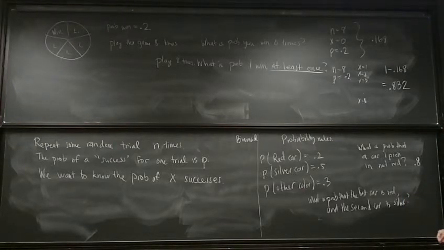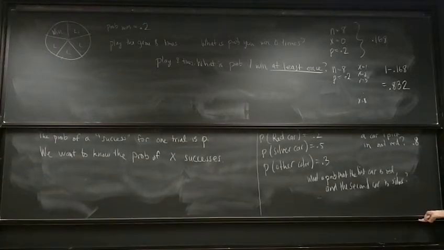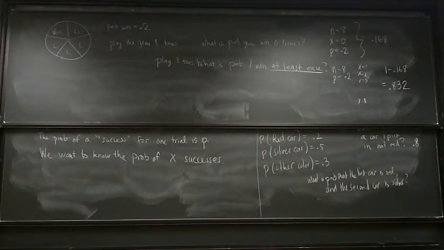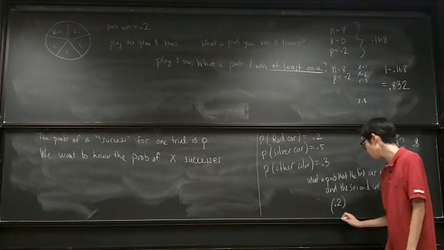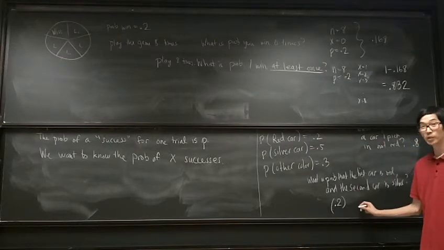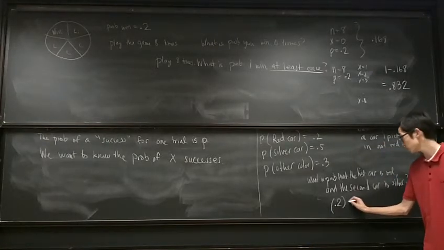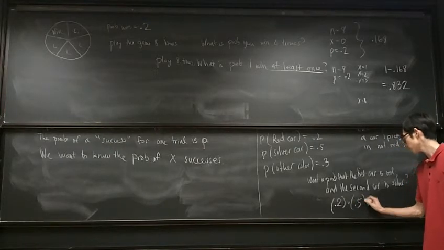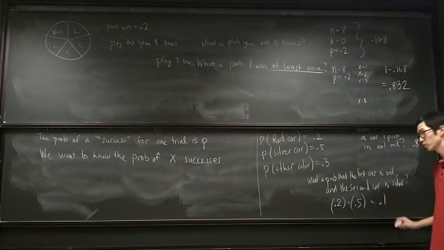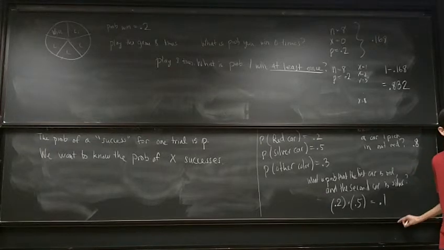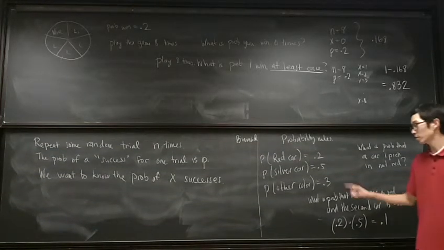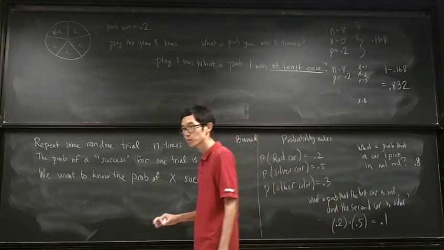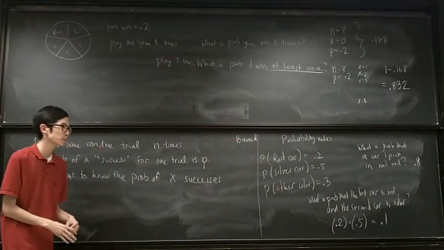So the probability that the first car is red is 0.2, and then I have to multiply it by the probability that the next car is silver, 0.5, which gives 0.1. These are your probability rules, and don't get them mixed up with a binomial situation.